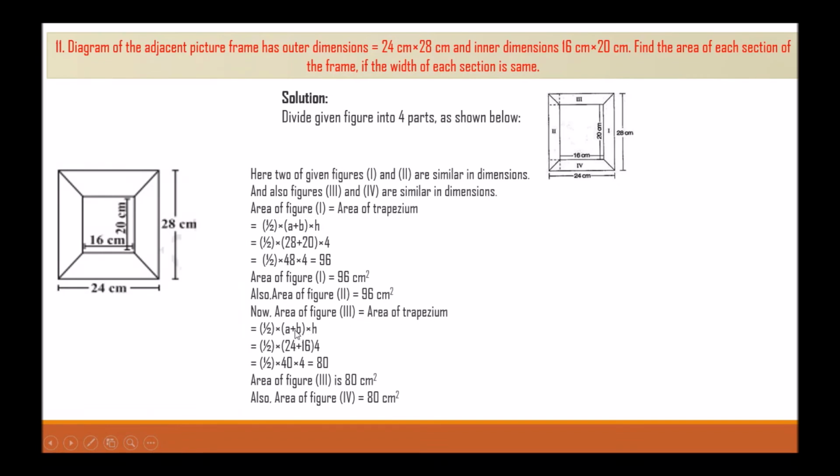So half into a plus b into h. So half into 24 plus 16 into 4. So half into 40 into 4, that is 80. So area of figure 3 is 80 centimeter square and area of figure 4 is 80 centimeter square.